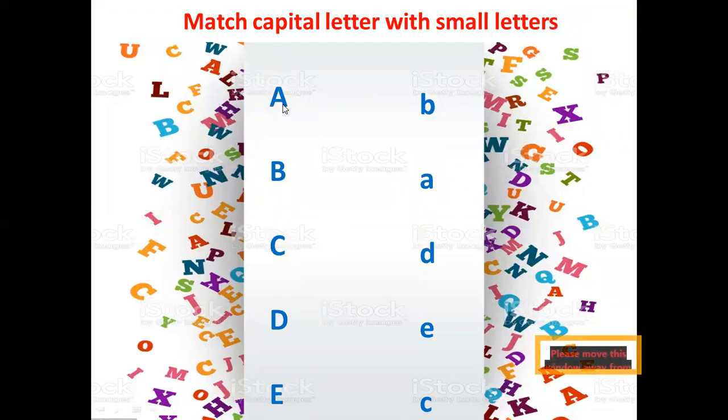There are some letters in sequence in uppercase, and on the other side there are some letters in lowercase that are not in sequence. You will find the same alphabet's capital letter with its small letter and match it. Now, what is this?